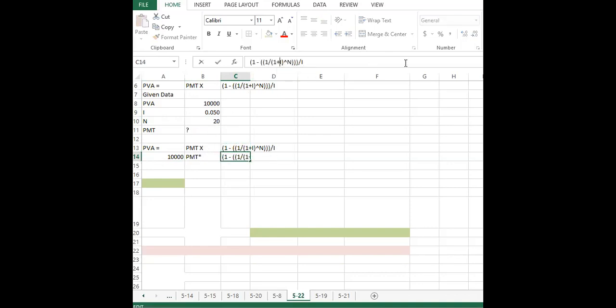We have, what is the interest rate? 5%. N is 20 now, and interest is 5%. In the next step, we calculate the factor. So the factor is 12.46221.